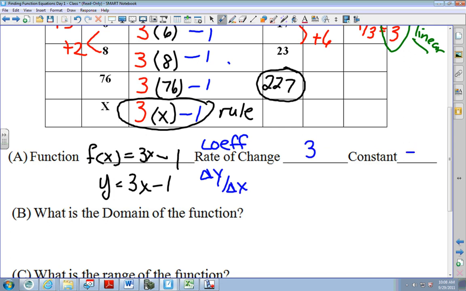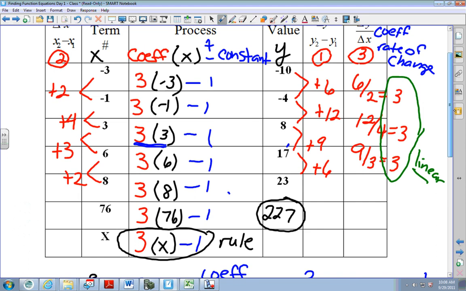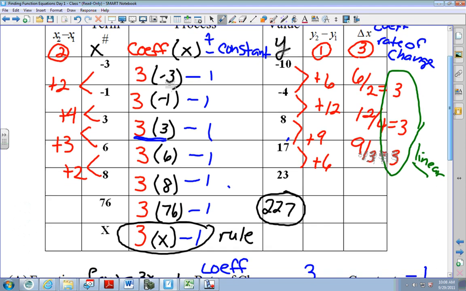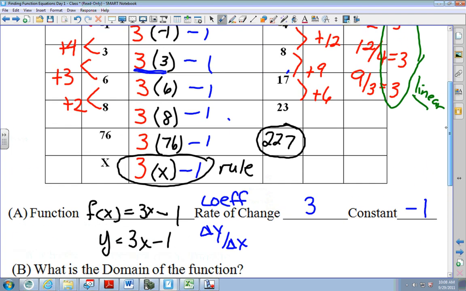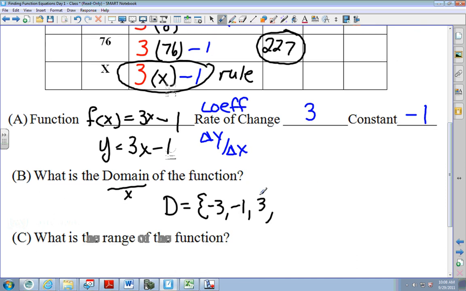My constant is -1. Now right here when they're asking you for the domain, remember domain is x, so I'm going to write d equals my set notation. Up here, what do I have for my x numbers? -3, -1, 3, 6, 8, and 76.